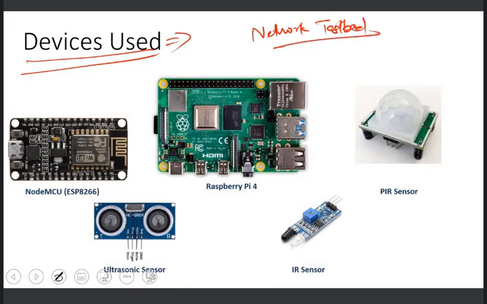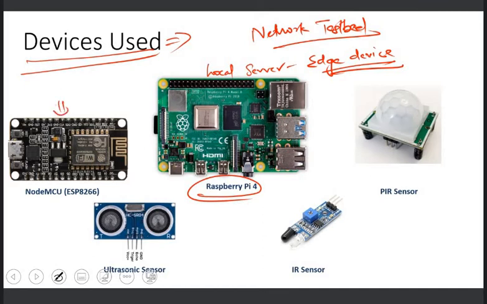We have captured the whole data in our lab because we want to work on the Indian scenario. That's why we created it in our lab. We are using a Raspberry Pi as our local server, or you can say as a device. And these are our clients, or you can say sensor nodes, which send data from the sensor to the server.